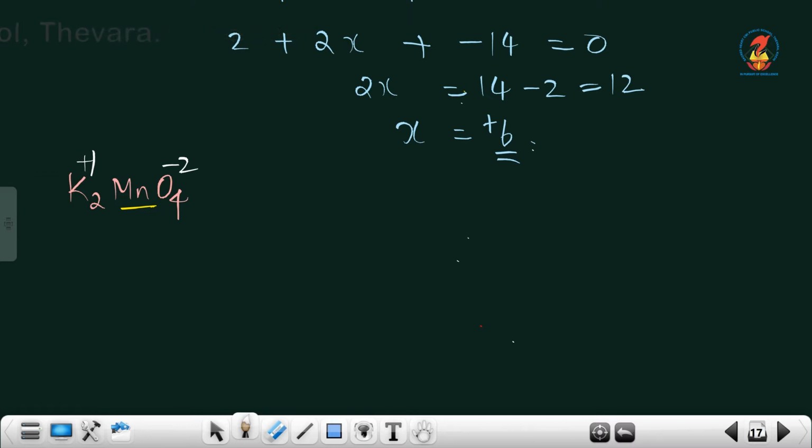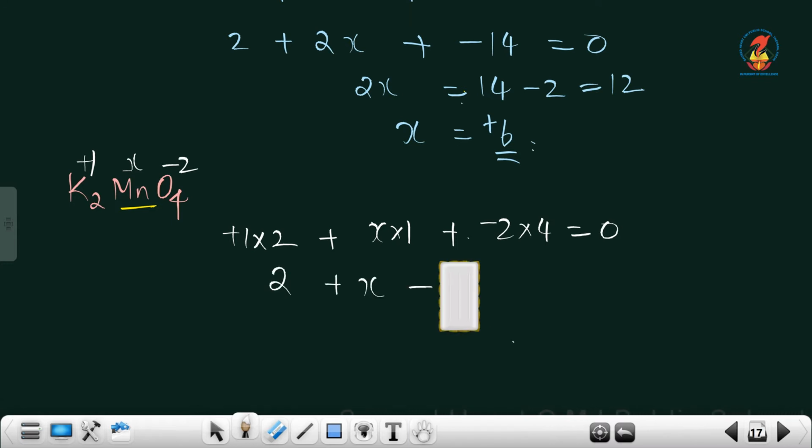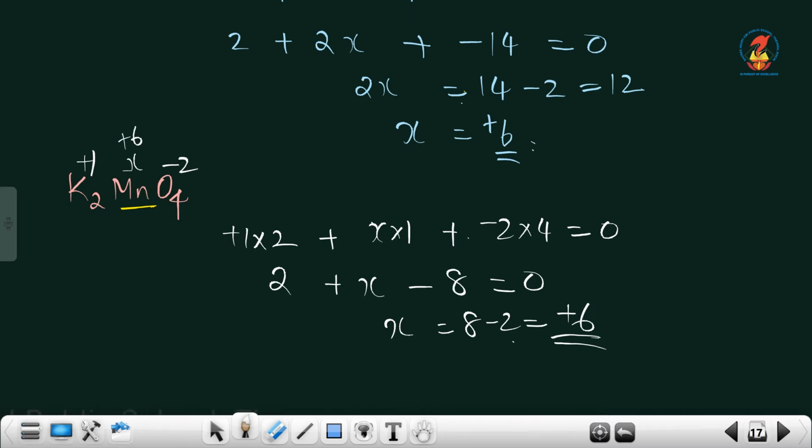So here we can write plus 1 into 2, because we have 2 potassium, plus manganese we can take as x, we have only 1 manganese, so x into 1 plus minus 2 into 4 equal to 0. So 2 plus x minus 8 equal to 0. So x equal to 8 minus 2, that is plus 6. So in K2MnO4, manganese is in plus 6 oxidation state.